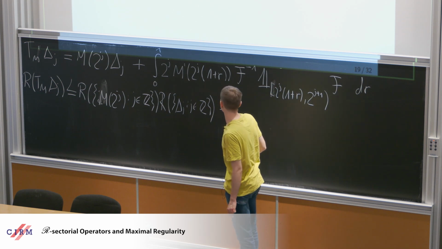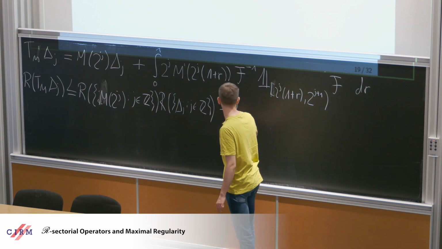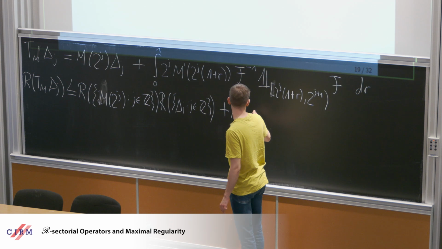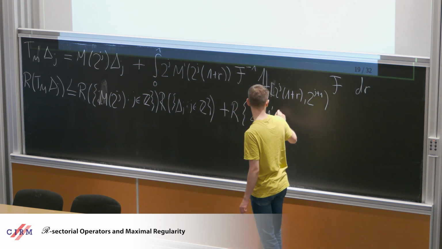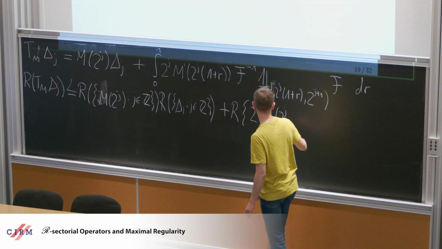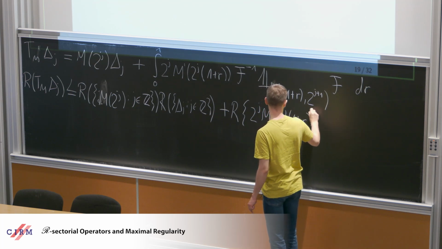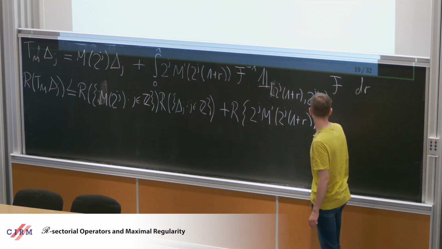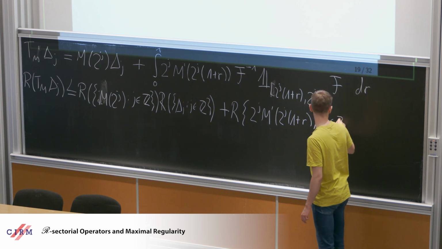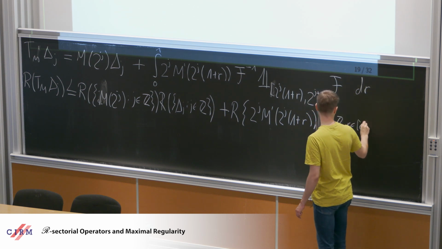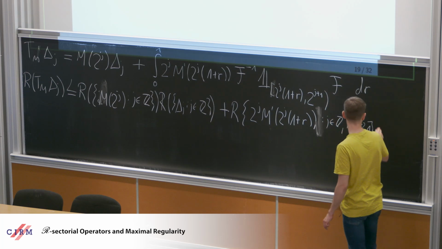So what we then will get here is the R bound of the set 2 to the j times m prime of 2 to the j times (1 plus r), where we now have j in Z and r in (0,1).